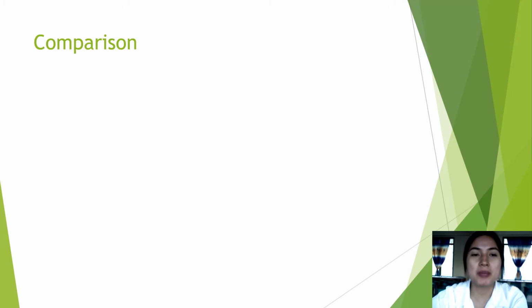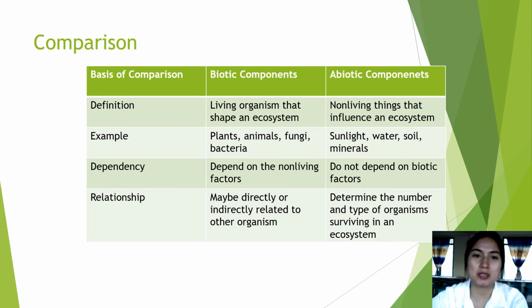Okay, we will now compare biotic from abiotic components. We have here the definition. Under biotic components, we have the living organisms that shape an ecosystem. Under abiotic, non-living things that influence an ecosystem.